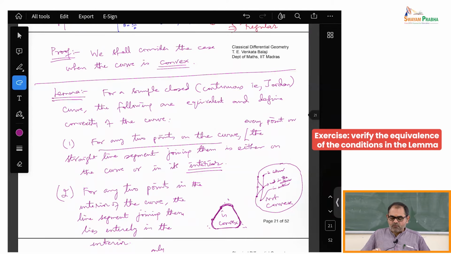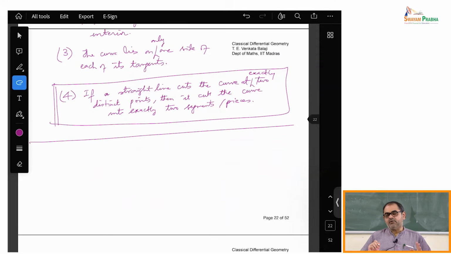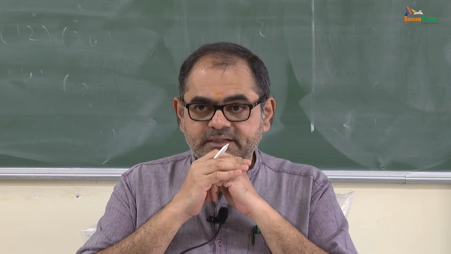Now what we will do is, we have the following situation. We have a curve, it is simple closed, it is convex, and it is smooth, and it is also regular. Now what I have to show is that there are at least four vertices.